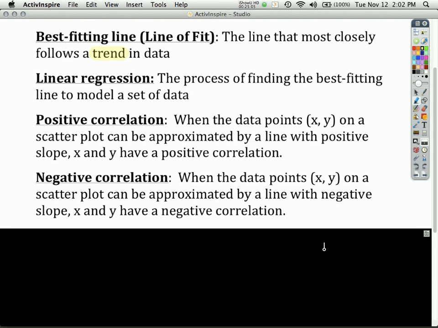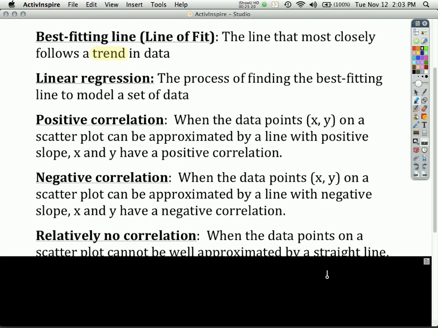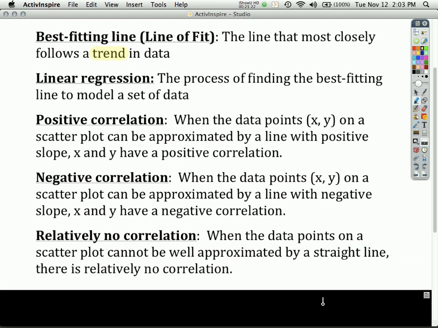And that helps us predict what's going to happen next. Positive correlation will be sloping up and to the right. Negative correlation will be sloping down to the right. And then there's a third possibility. Relatively no correlation.